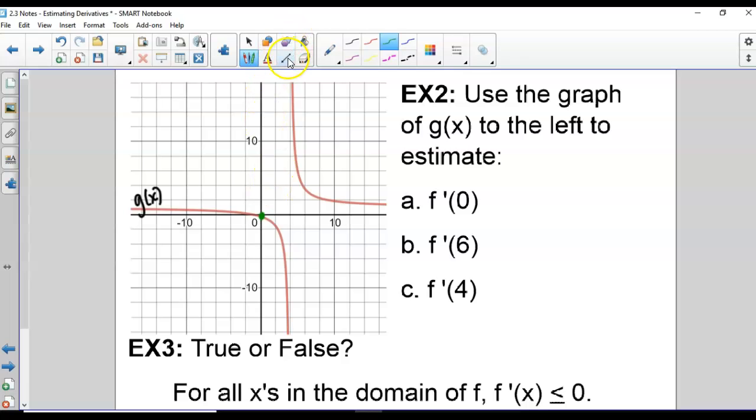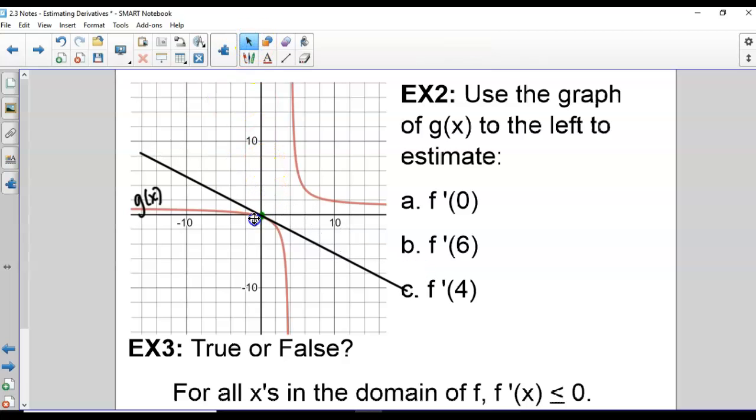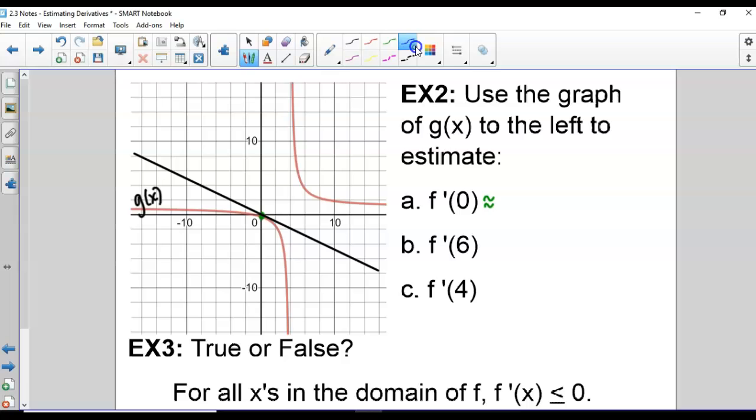I have the advantage that I have a line that I can put here and kind of mess with to get an example. You guys could use a straight edge, or I've got some rulers I can give you in a minute if you want. That's pretty close, I'd say, to passing through that point. So if we're estimating that derivative, we're thinking, if I have a tangent line through that point, what's the slope? That one looks pretty close to about negative 1/2. So I'm going to estimate this slope is negative 1/2.